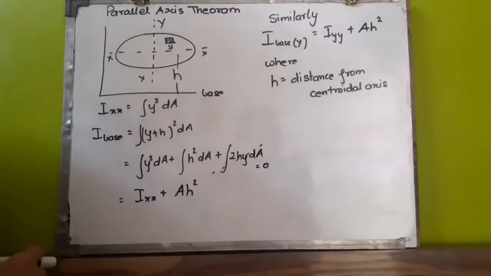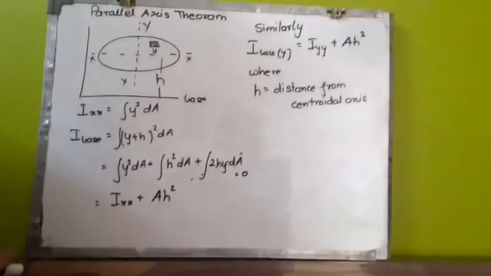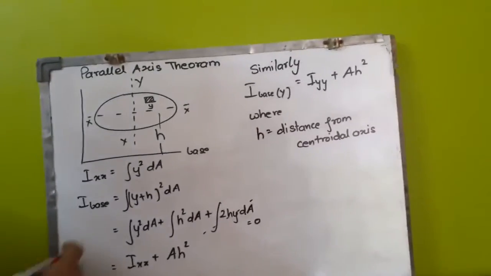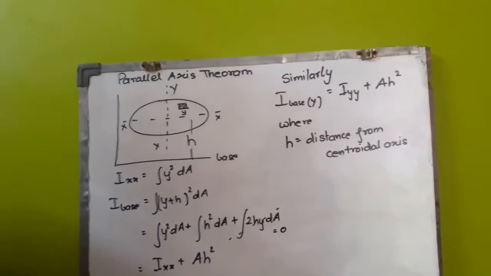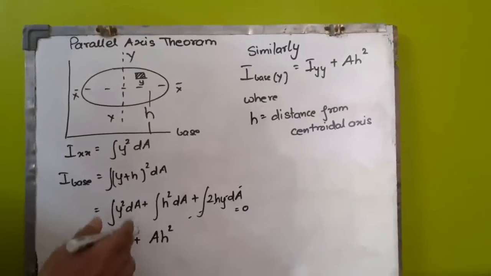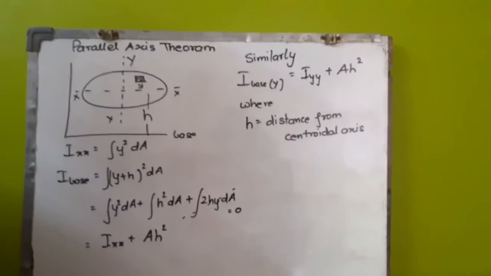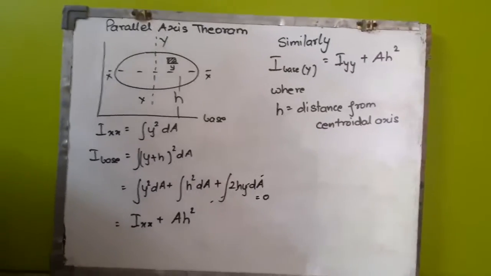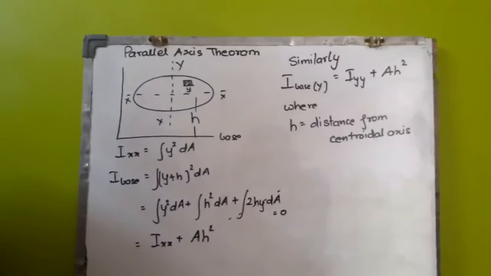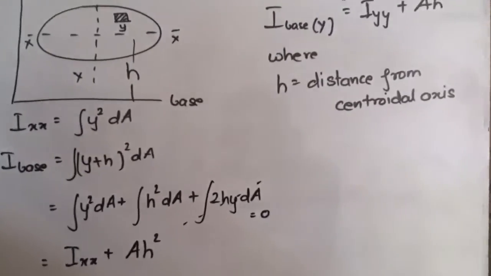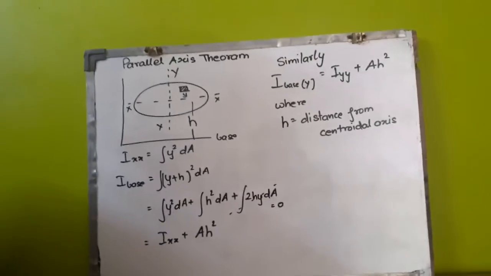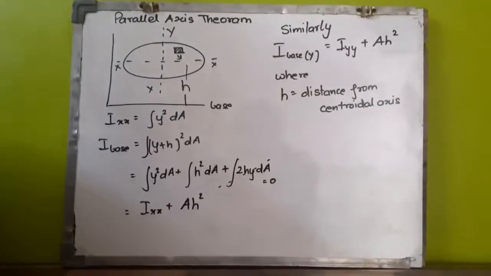The moment of inertia of a body about a reference, which can be called I base, is given by the moment of inertia about the centroidal axis plus A, the area, into h square, where h is the distance of the selected reference frame from the centroidal axis.